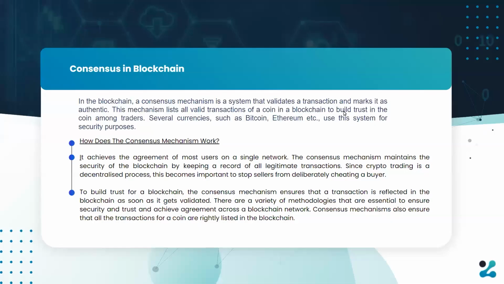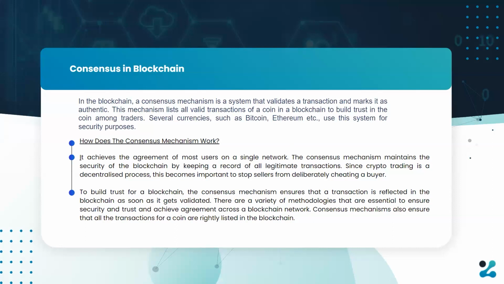Now, if we talk more about consensus, then in the blockchain, the consensus mechanism is a system that validates a transaction and marks it as authentic. This mechanism lists all valid transactions of a coin in the blockchain to build trust in the coin among traders. Several currencies such as Bitcoin, Ethereum, etc. use this system for security purposes.